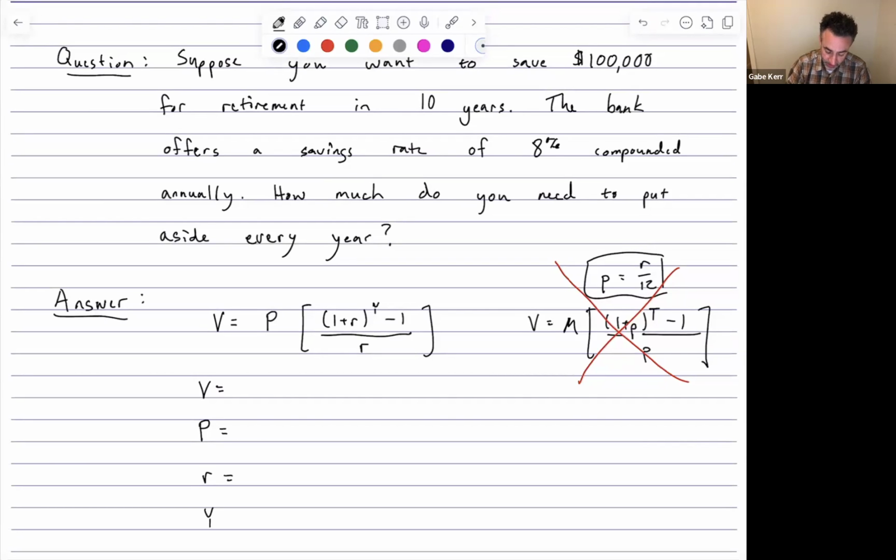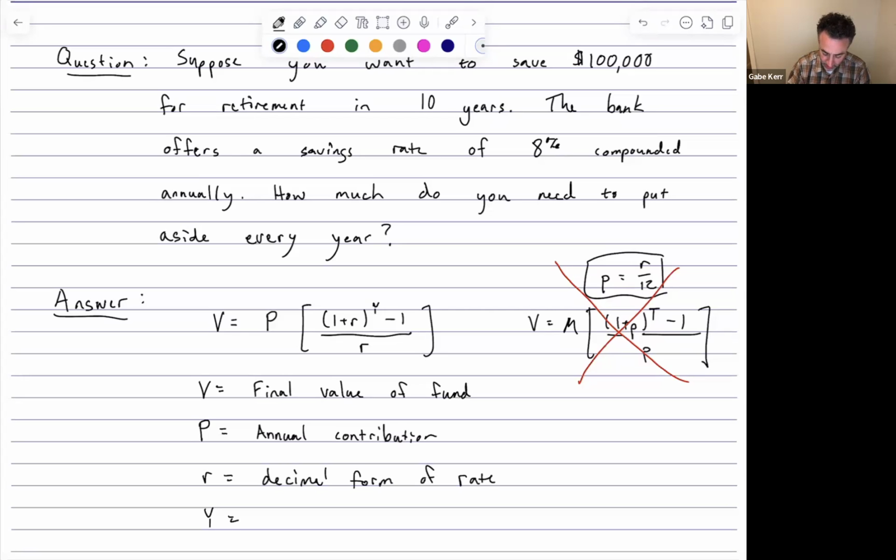So V is the final value of the investment or the retirement, let's just say fund. P is the annual contribution to the fund. R is the decimal form of the rate.